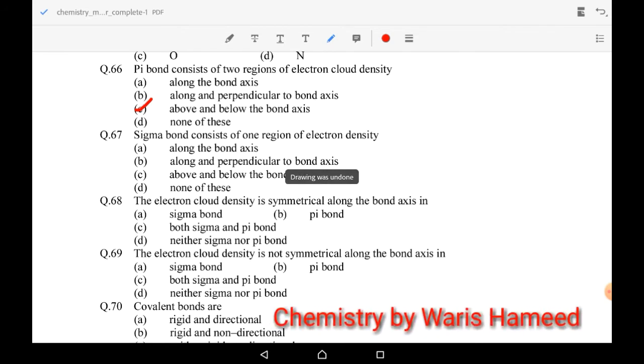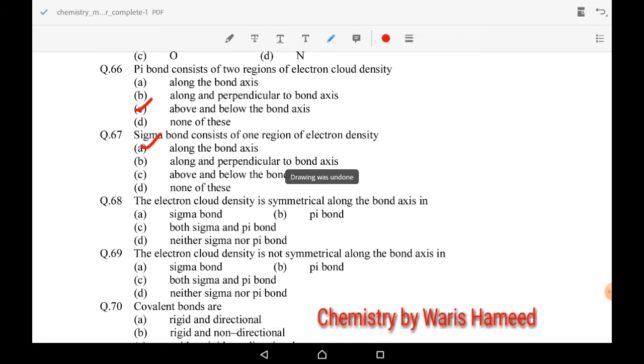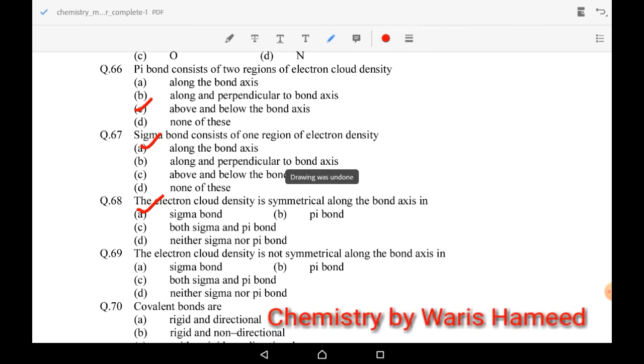A option is correct. The electron cloud density is symmetrical along the bond axis in sigma bond. The electron cloud density is not symmetrical along the bond axis in pi bond, because electron can be above the bond axis or below the bond axis.